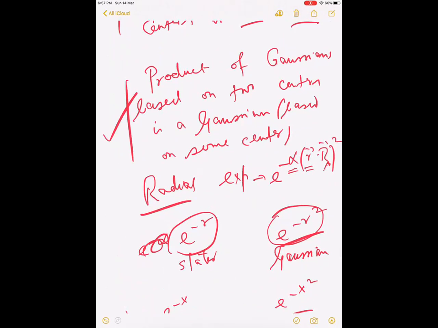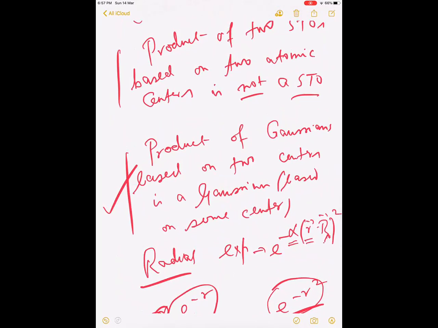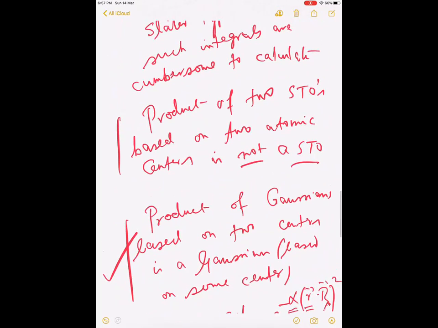Now, I am not going to do the mathematics. But the square itself changes the fact that the product of two Gaussians is a Gaussian, whereas in the Slater, where the square is not there, the product of two Slaters is not a Slater.